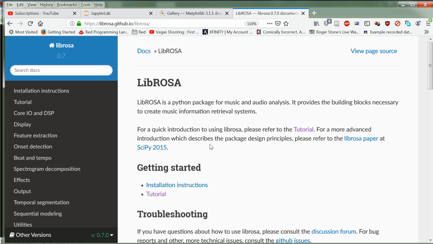And this library is all about signal processing for music and audio analysis. And these are the routines that I use when Sonic Visualizer doesn't get the job done. And you've seen some of them. You've seen the results of some of them. Okay? So, for example, let's pick one here. Let's go to spectrogram decomposition.